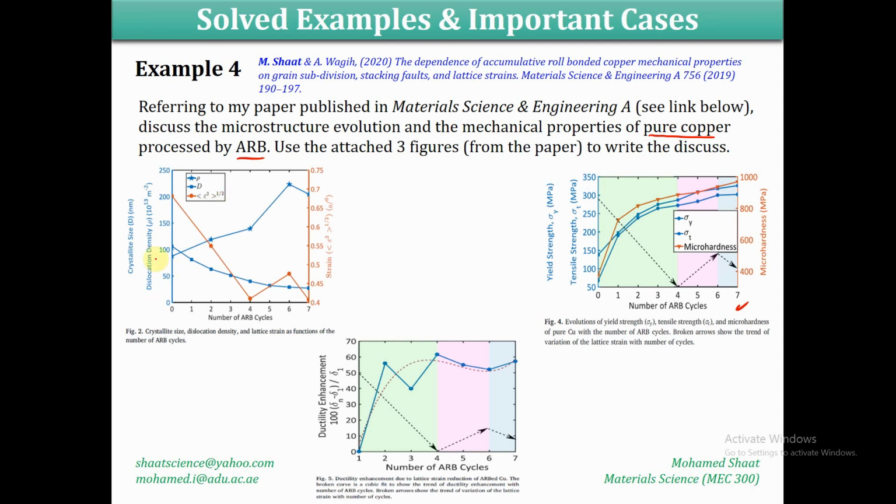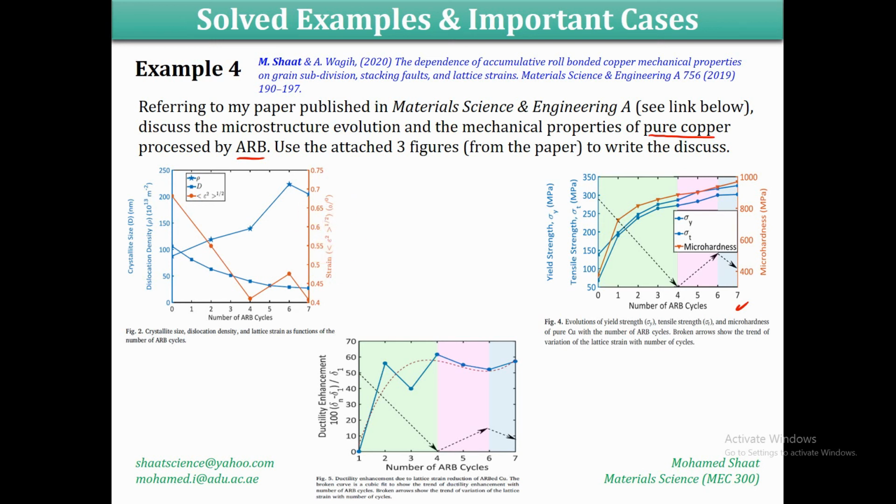Make sense? In the meanwhile, we do have the dislocation density. Over this right vertical axis, we do have the lattice strain. This lattice strain can be obtained by something that we call XRD analysis. We can identify and measure how much lattice strain has been generated because of the dislocations, because of the distortions that would be found within one specific grain of this pure copper.